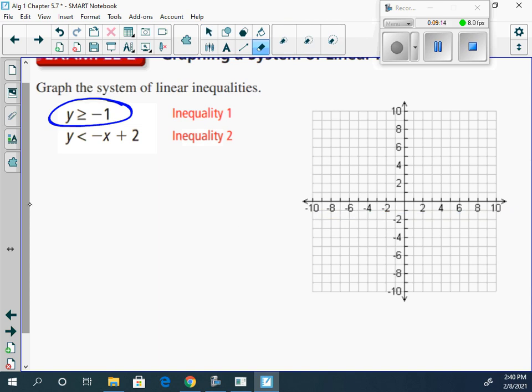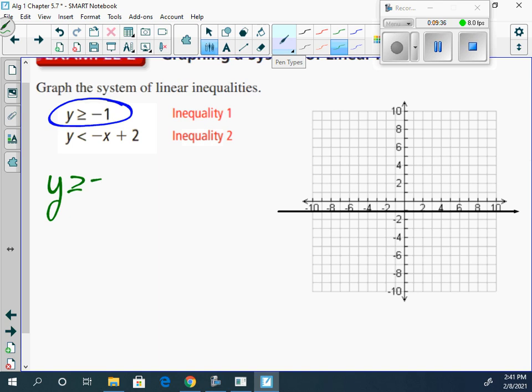It would be better if I could actually draw a nice straight line. We have a solid line. There we go. Now for this here, we can check a point. What point do we want to check? 0, 0.